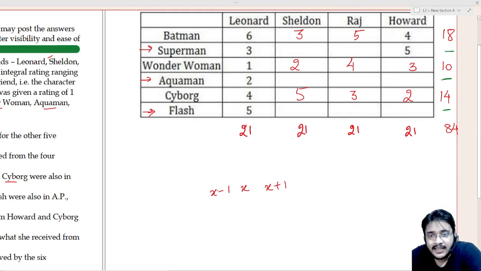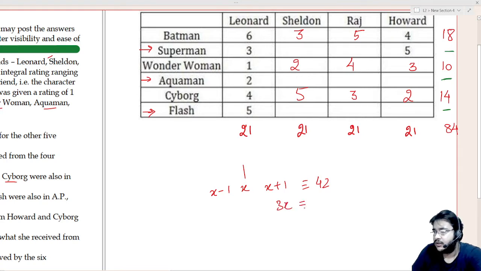Now x is the total sum of one of these members, I don't remember which, and the total of this is equivalent to 42. If you do your algebra, 3x is equal to 42, so x comes out to be 14. In other words, obviously they're in arithmetic progression, so now you can see the sums are 13, 14 and 15.